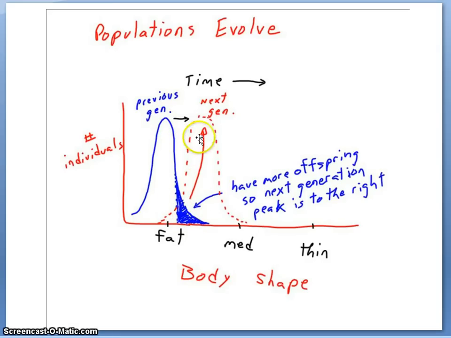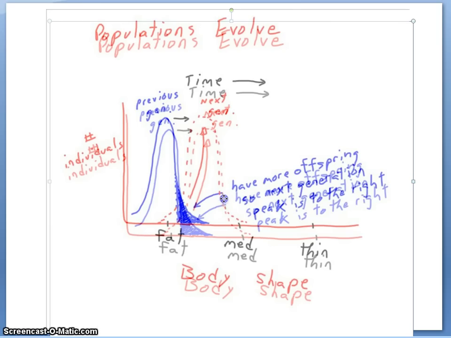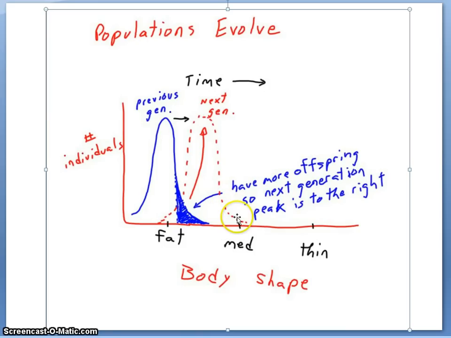So that means the average of the next generation will be a little bit thinner. And likewise in this generation, the red line there, it's going to be these individuals to the right of the average, the thinnest individuals of the generation, that are going to be having the most babies. And so for the next generation, the average will be a little bit thinner than the previous average.